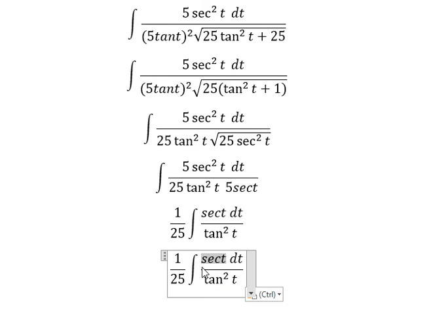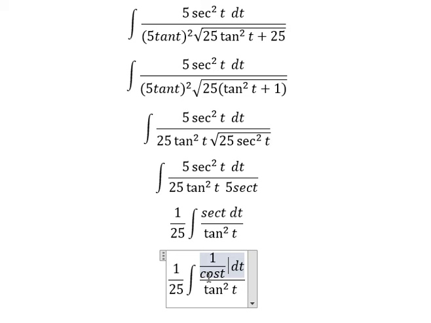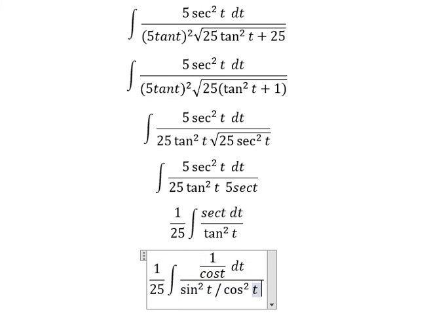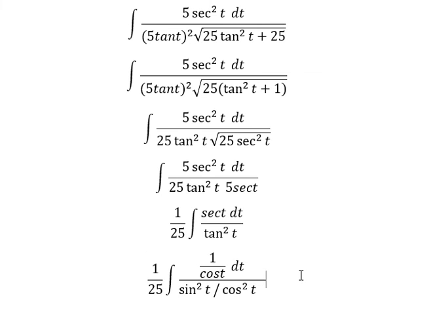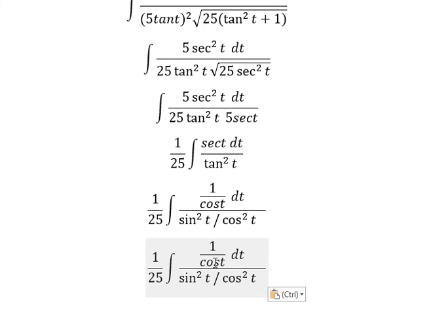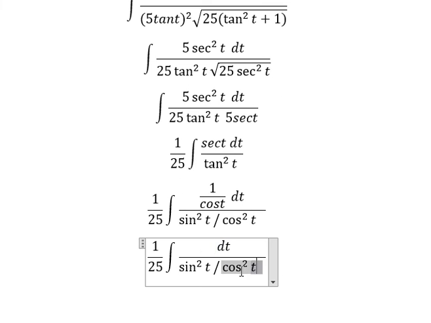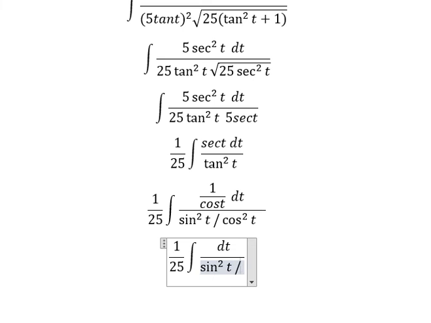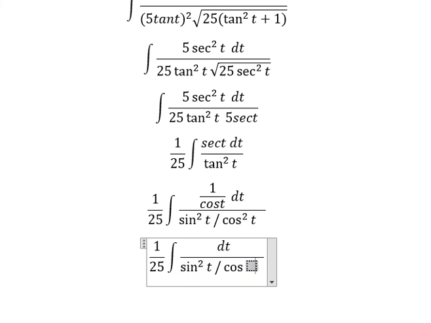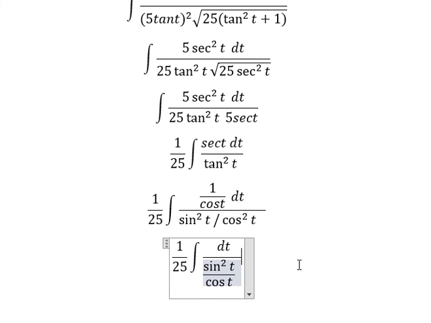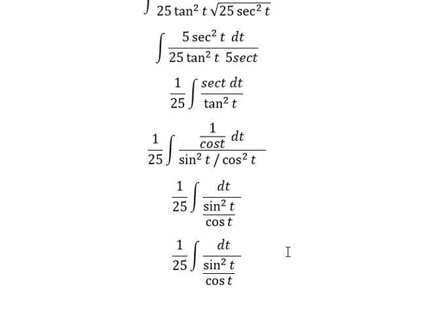Secant t, we change to 1 over cosine t. This one we change to sine t squared over cosine t squared. Now we need to simplify cosine t, and cosine t will go to the numerator.